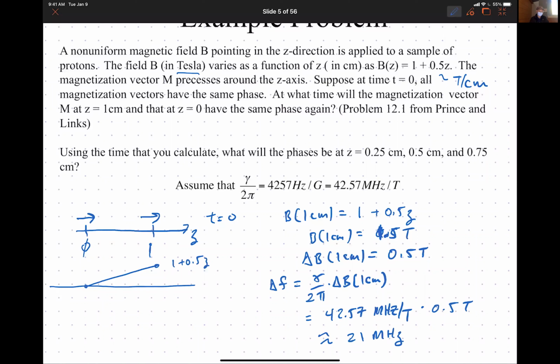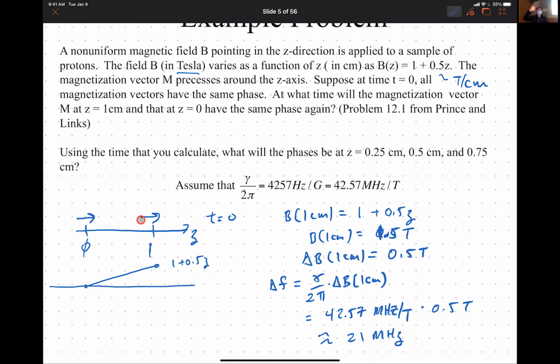So that means that this spin at 1 centimeter, with reference to the spin at 0 centimeters, is spinning 21 megahertz faster. That's the relative frequency, and that is what really matters. So the question is, how long is it going to take for that spin to get out of phase, and then at some point come back in phase?